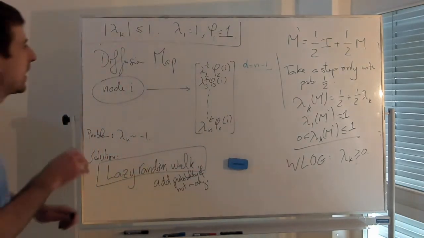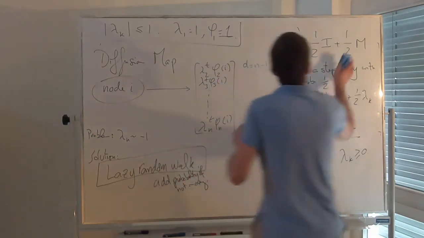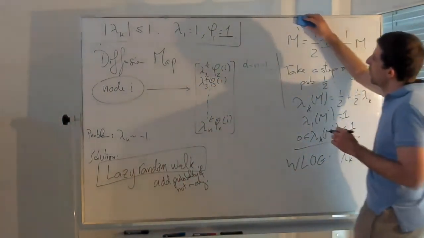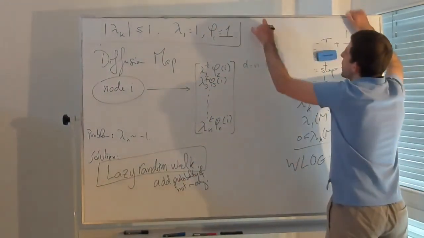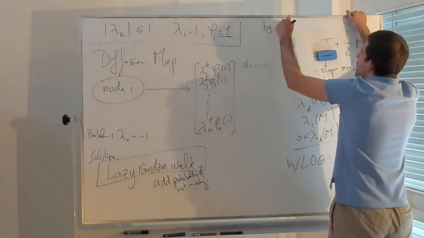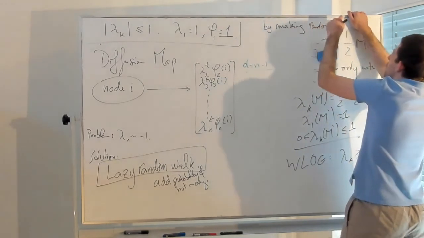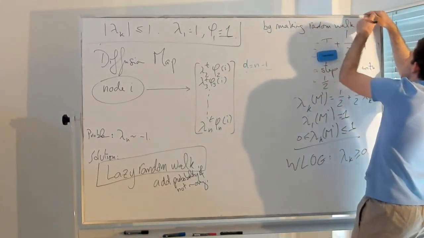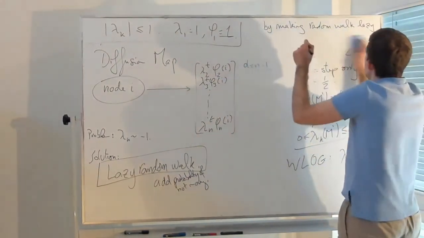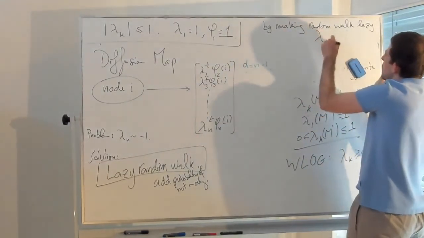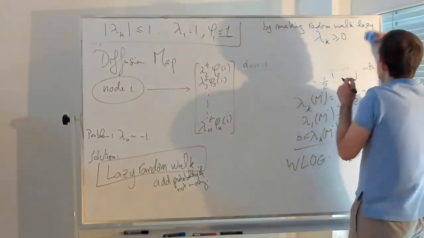Okay, so let's assume that the eigenvalues are all bigger or equal than 0, by making the random walk lazy.